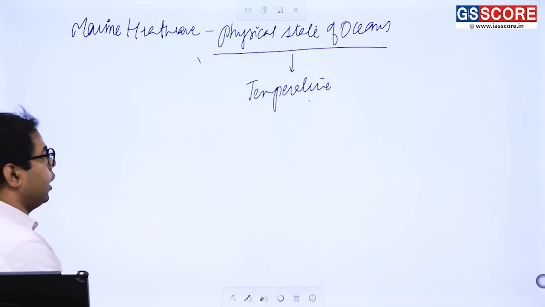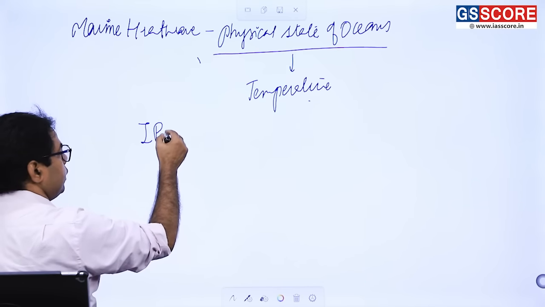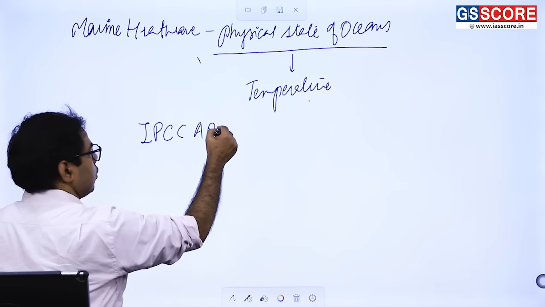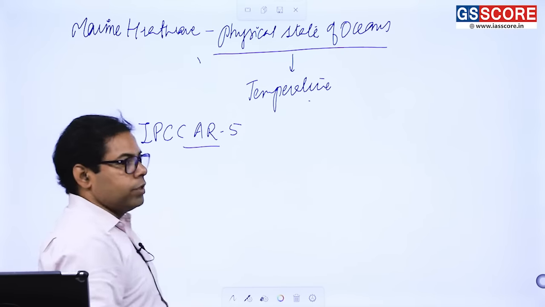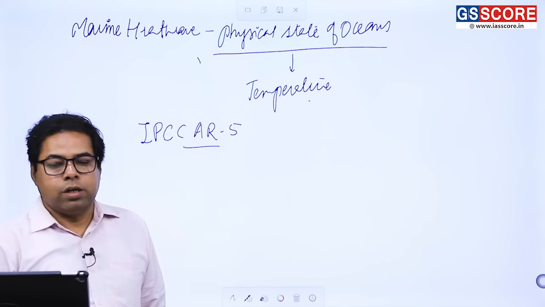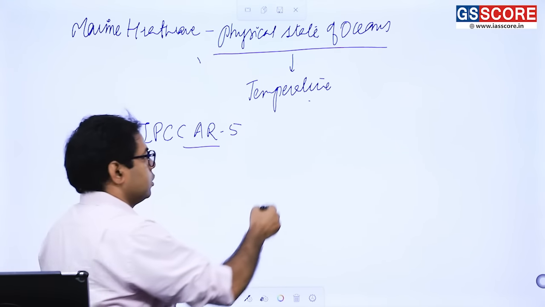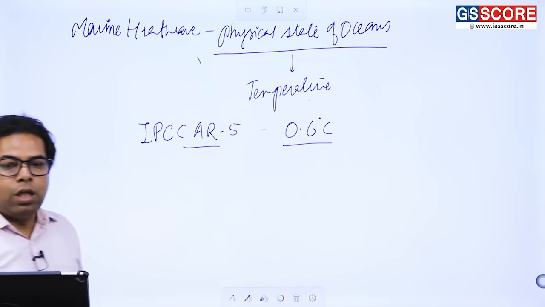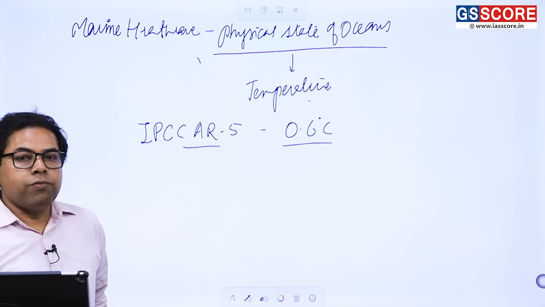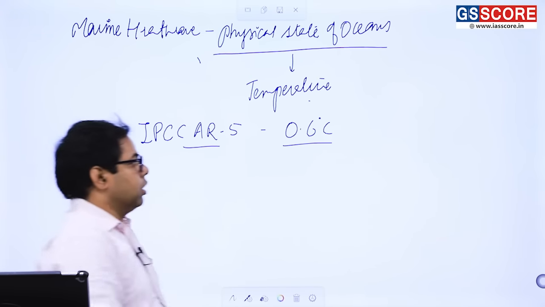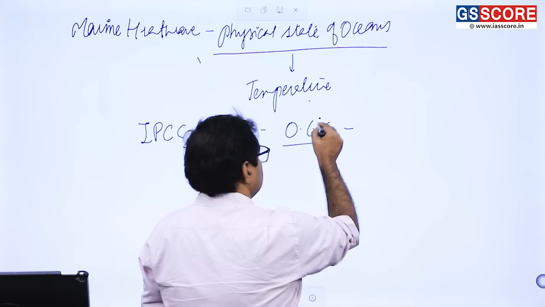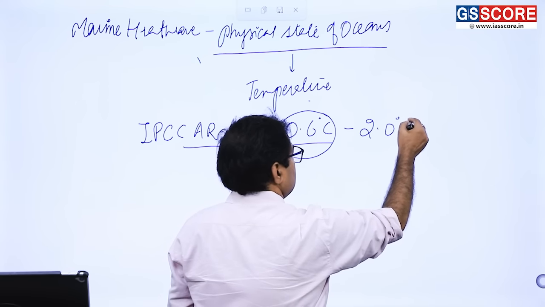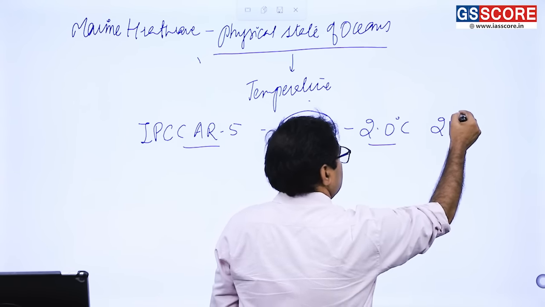So according to the IPCC report, Intergovernmental Panel on Climate Change annual report 5, the average temperature of the oceans has been recorded to rise about 0.6 degrees Celsius per century, and in future it is supposed to increase between 0.6 degrees Celsius and 2.0 degrees Celsius in the 21st century.